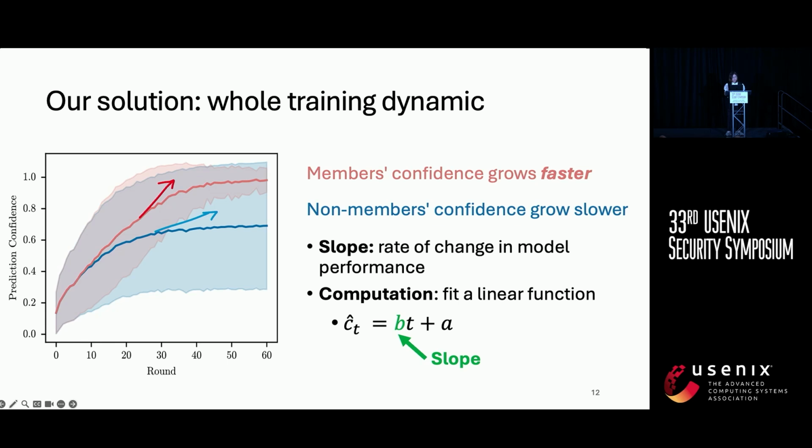To capture this distinction, we introduce the slope signal, which measures the rate of change in model performance. Specifically, for each data point, we can compute this slope signal by fitting a linear function to its performance dynamic. And the slope of the fitted function serves as the signal of interest.